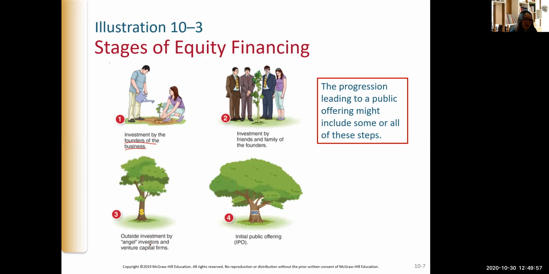Individual angel investors may invest from a few thousand to a few million dollars in the corporation. And venture capital firms provide additional financing, often in millions, for a percentage of ownership in the company. Many venture capital firms look for investment in promising companies to which they can add value through business contacts, financial expertise, or marketing channels.